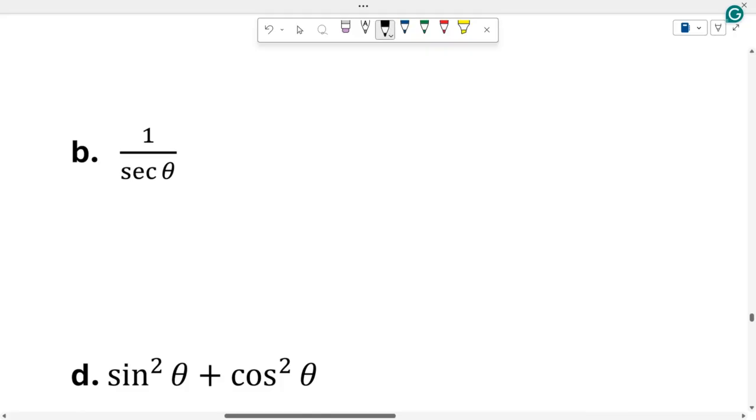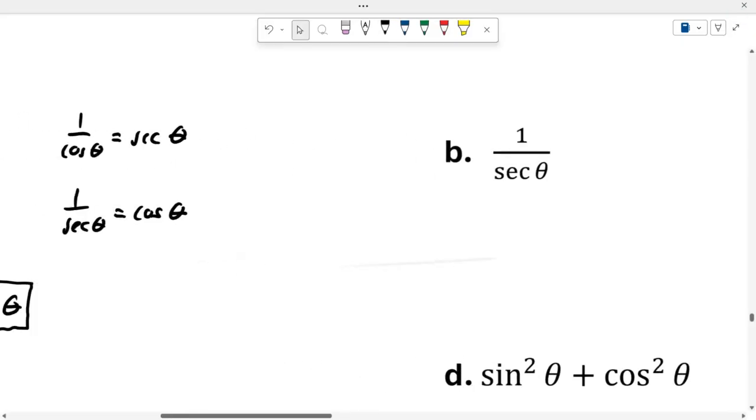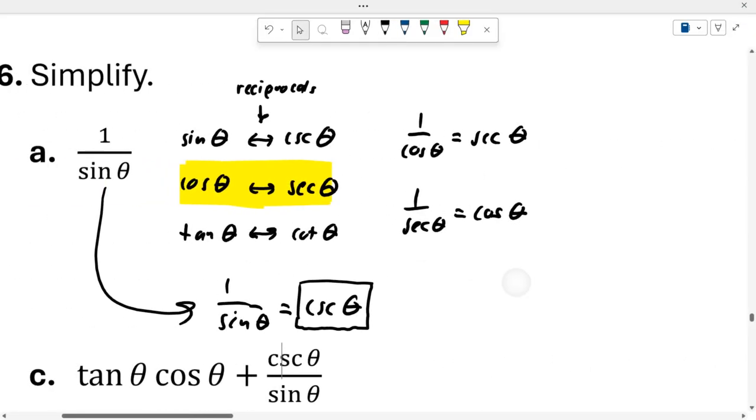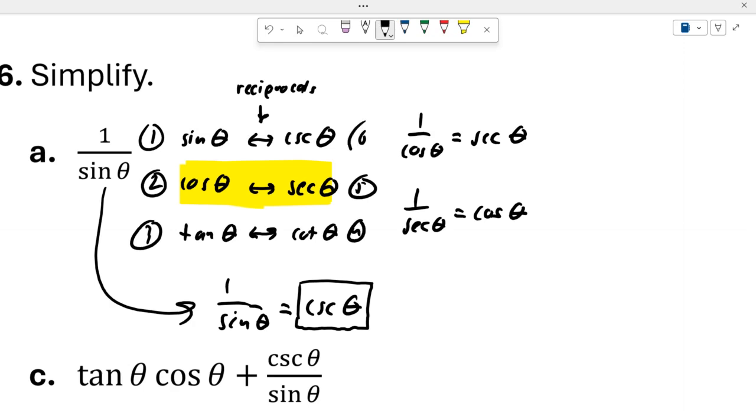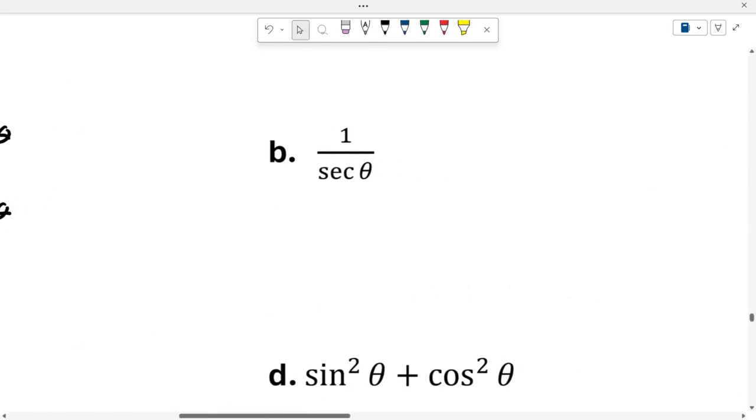Part B. Well, part B is very similar, and in fact, in my explanation, I already said the answer. So instead of rewriting it, I'm going to go back. Notice that cosine and secant, if you write them in order, 1, 2, 3, 4, 5, 6, are across from each other, so those are the reciprocal identities.